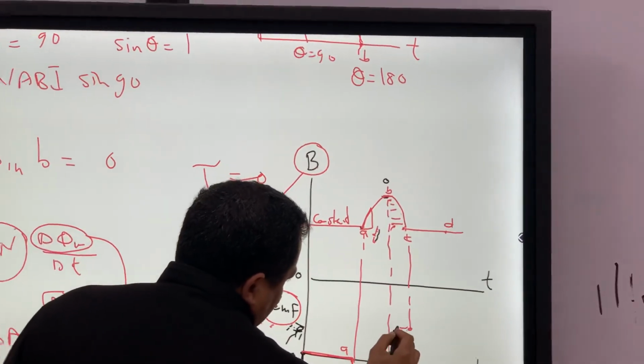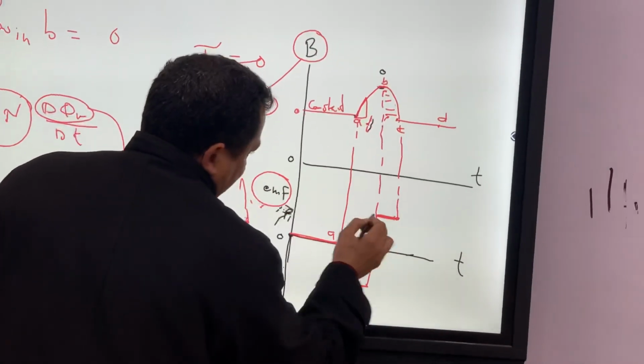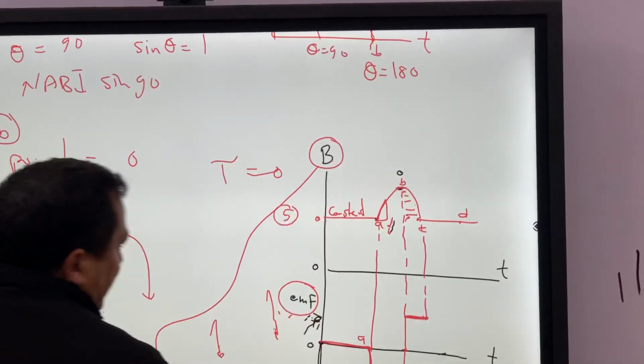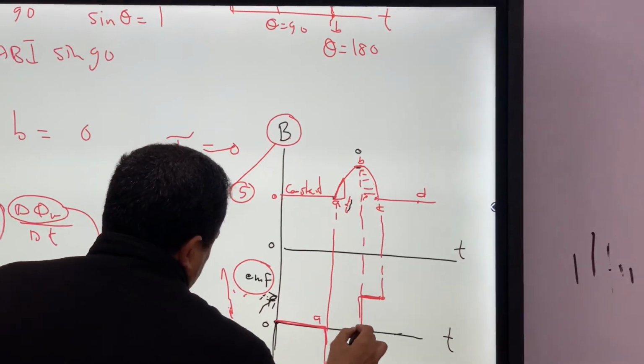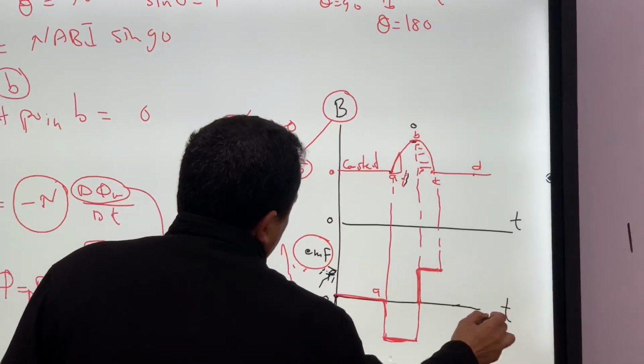Understand? So we can write this line in the positive region to express induced EMF. This is the relationship between electromotive force and time.